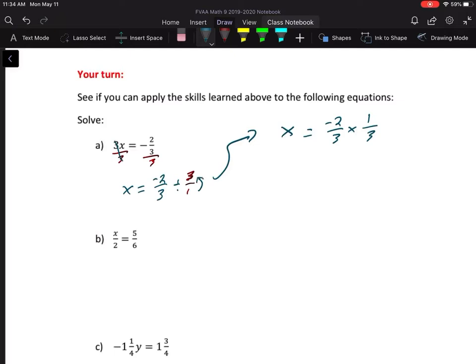I made that in red so you can see where the changes are coming from. Then I do tops times top, bottom times bottom, and that gives me x is equal to negative 2 times 1 is negative 2, and then 3 times 3 is 9. That would be my final answer for x.